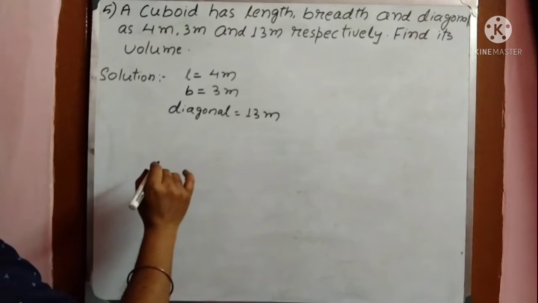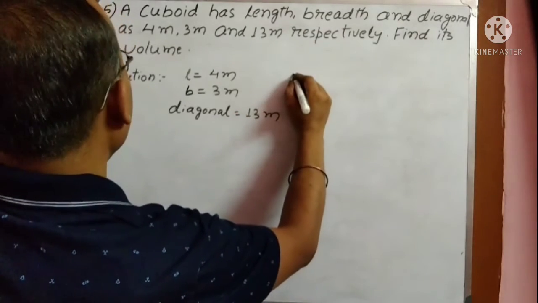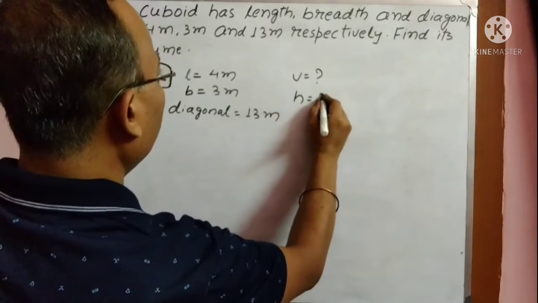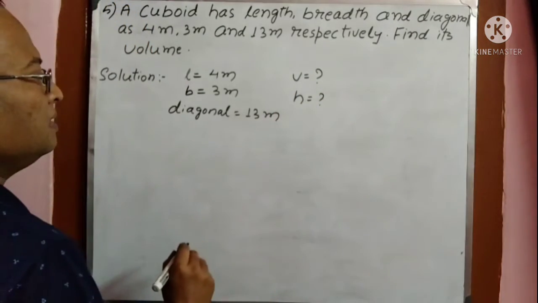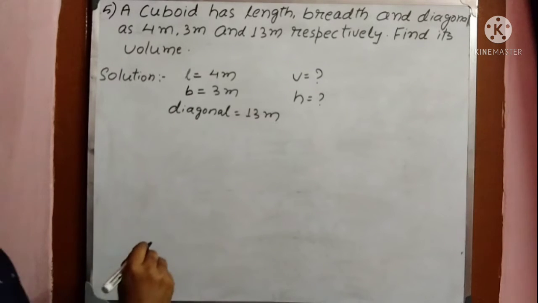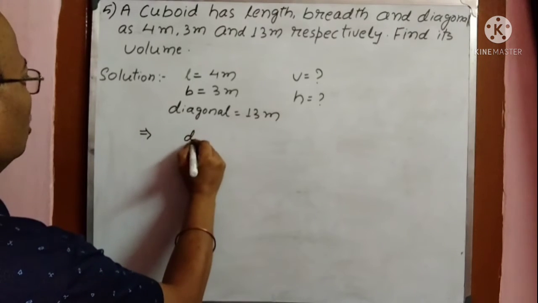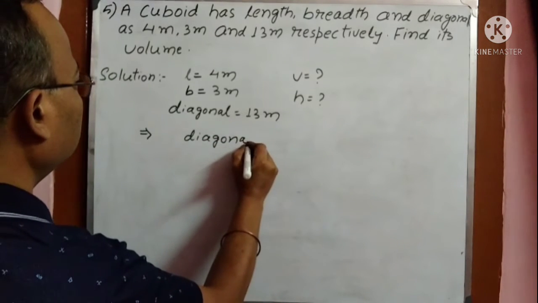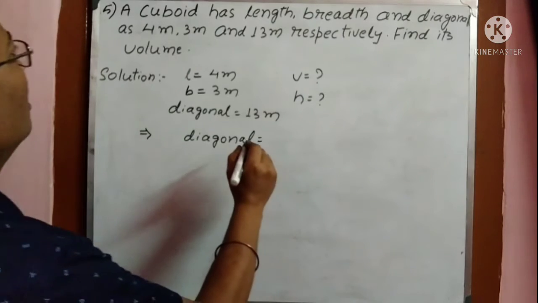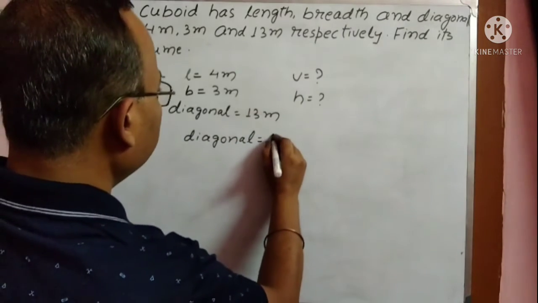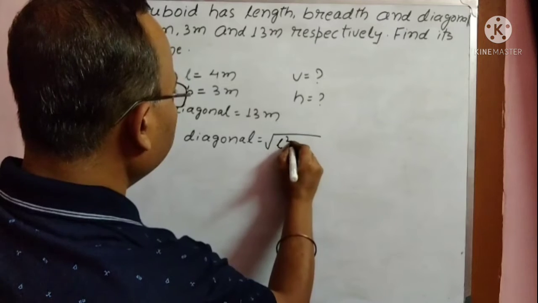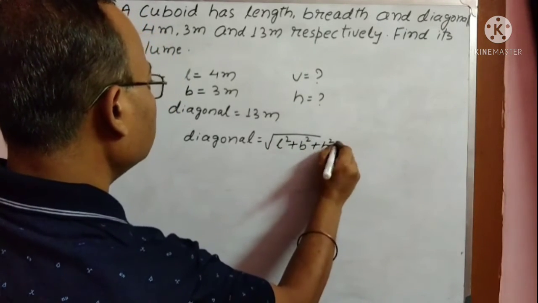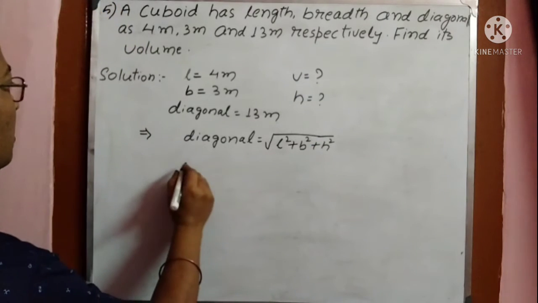So we need to find out volume. So for finding out volume, we must calculate height. Okay, diagonal of a cuboid is equal to square root of L square plus B square plus H square. This is the formula. Clear?